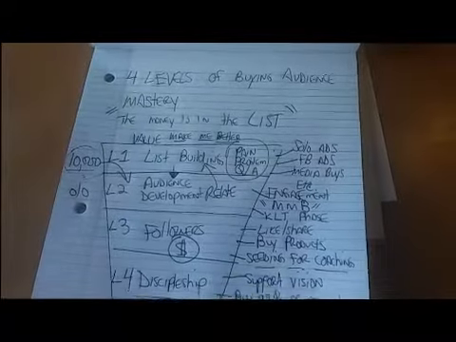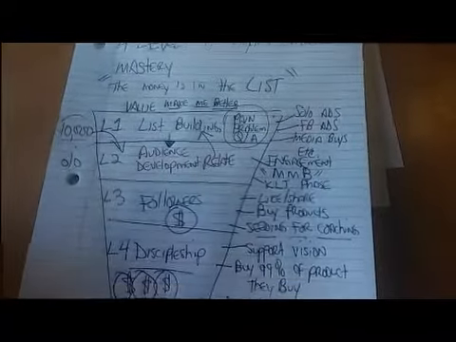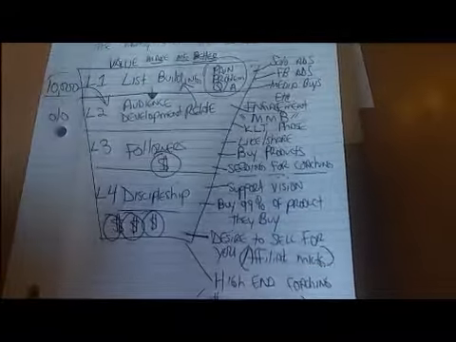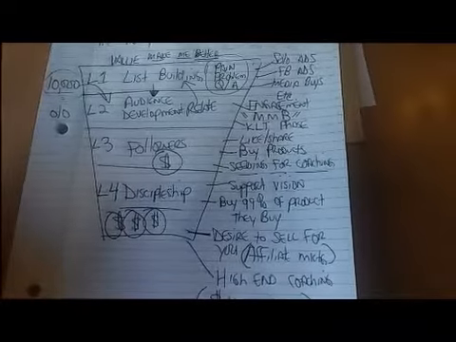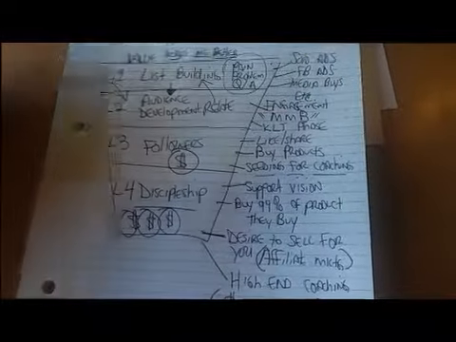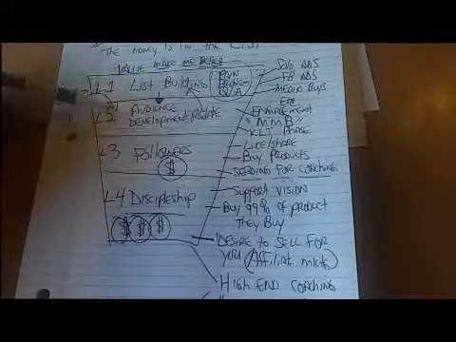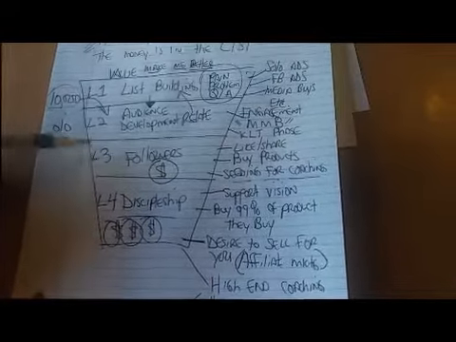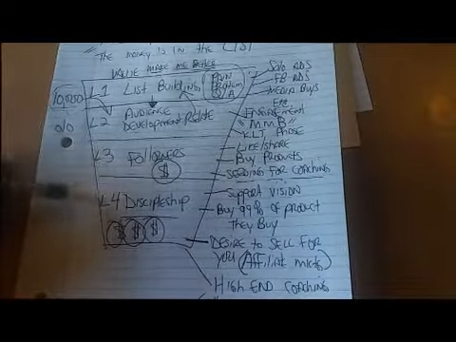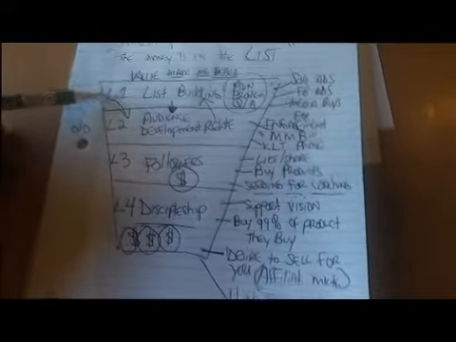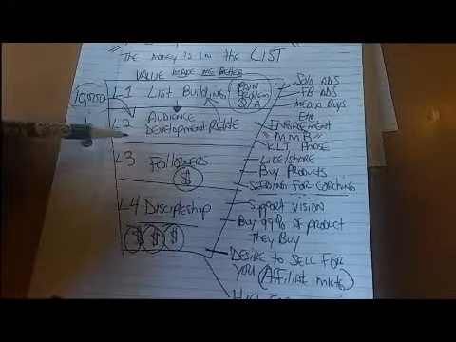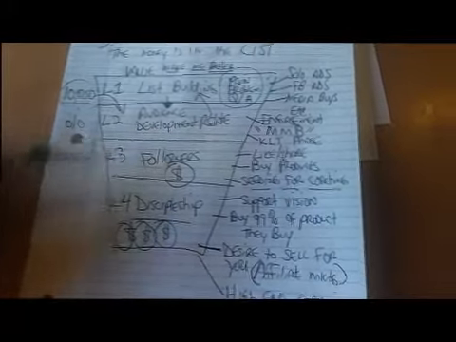So these are the 4 levels of buying audience mastery. When we do our training this Sunday night, I'm going to dig into how you can actually progress through all of these levels and get to them the fastest. So now you understand why there's no money in the list, because the money is in developing an audience that turns into followers and disciples.